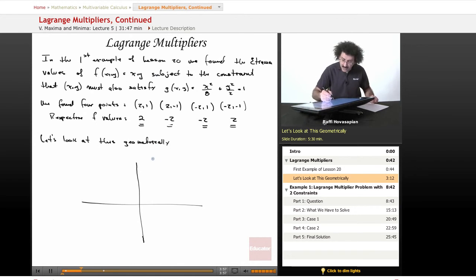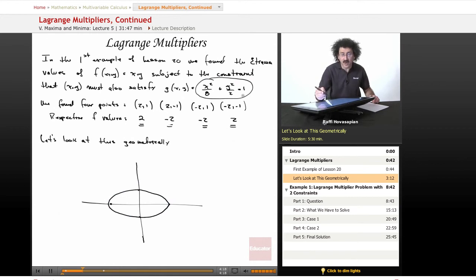I'm going to draw a few, but first we want to make sure that x and y satisfy this equation, in other words, that they lie on this ellipse. So let me draw an ellipse here. I'm not very good at drawing ellipses, but the drawing itself is not that important.